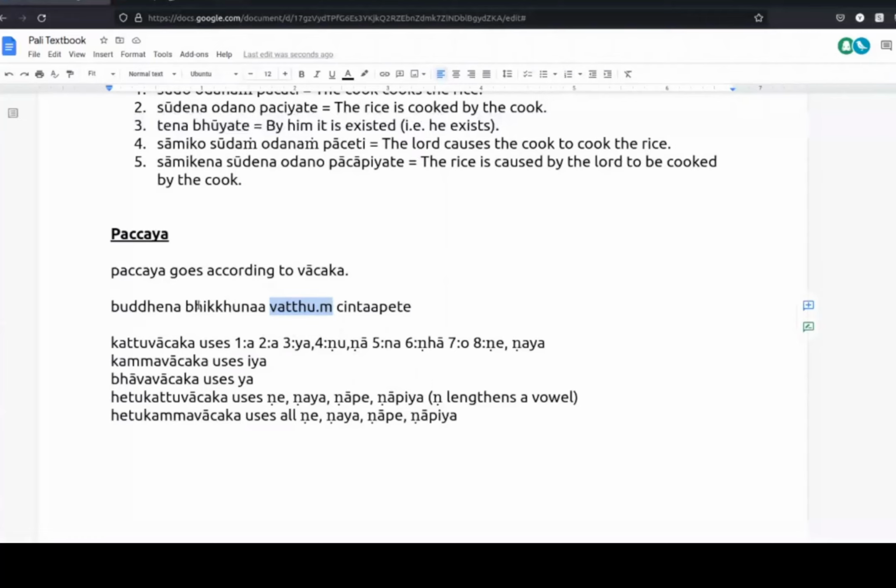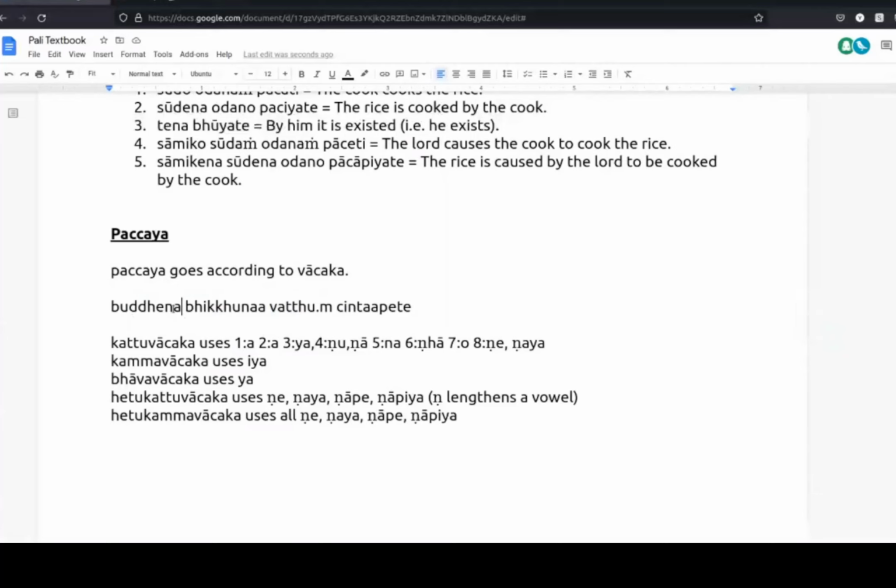It just means that the Buddha, the thought, or the subject, is being caused to be thought about, is, how would you say it in English? Is being caused to be thought about by the bhikkhu, by the Buddha.